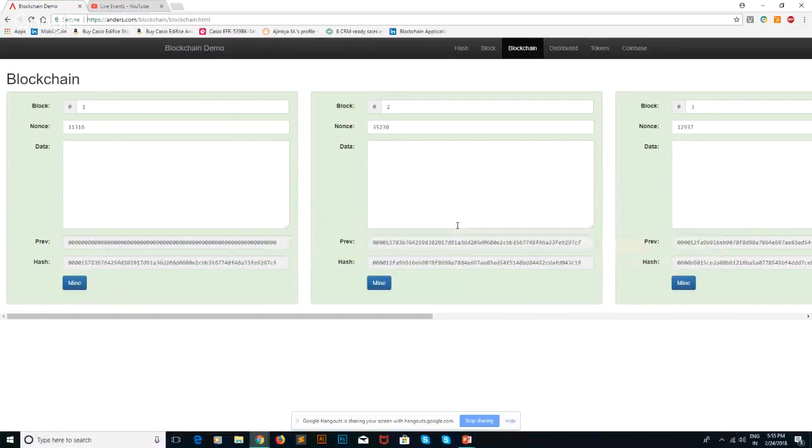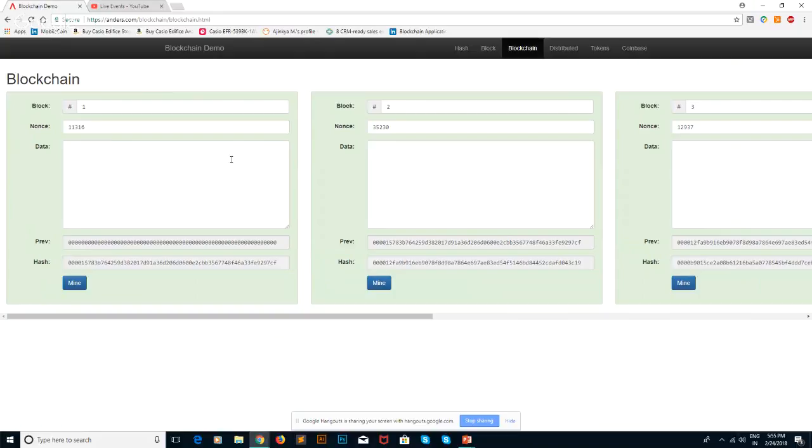So here we have the architecture of blockchain, where the blocks are there. The architecture of a block will have a block number. There will be a unique number used once in a blockchain. That's why it is known as a nonce. Then we have the data of the transaction and the previous hash.